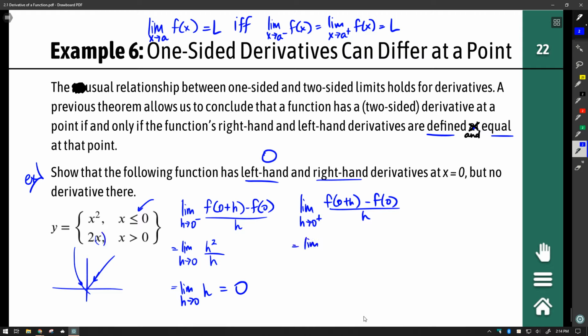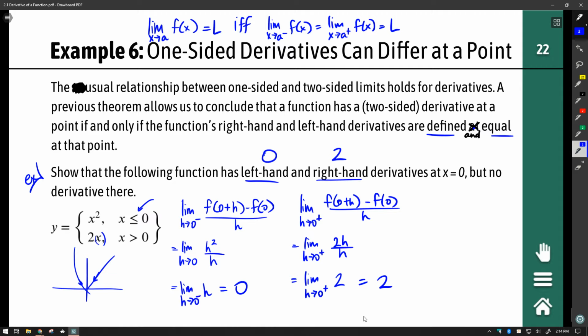So this is the limit as h goes to 0 from the right of 2h over h. Well, those h's can cancel, and now we're at the limit as h goes to 0 from the right of 2, and that's 2. So the left-hand derivative exists, and it's 0. The right-hand derivative exists, and it's 2.